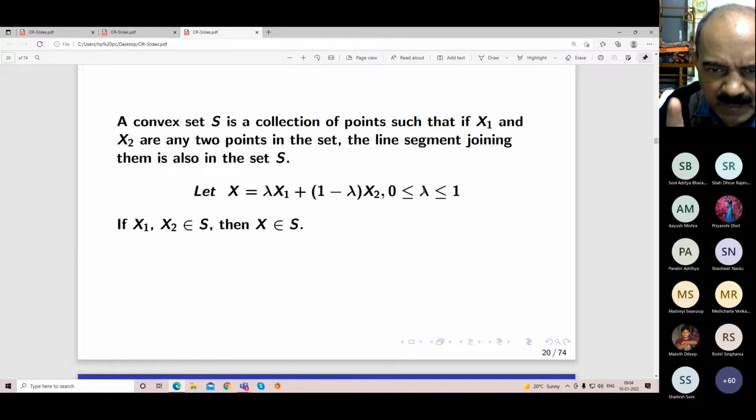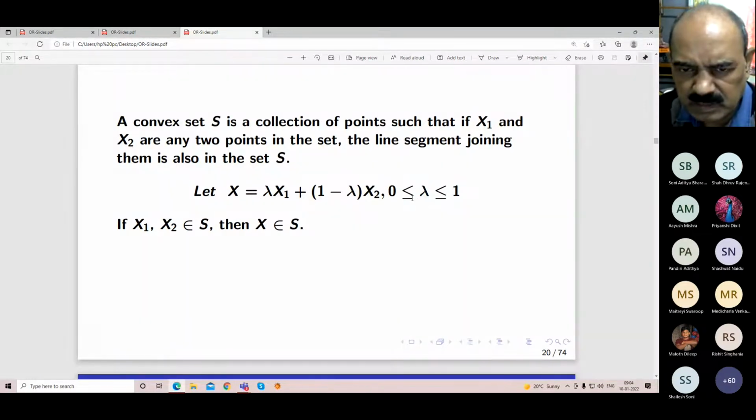If lambda equals 1/3, then one side is 1/3 and the other is 2/3. So these two extreme points are: lambda equal to 0 gives one extreme point, that is x2, and lambda equal to 1 gives the other extreme point, that is x1.